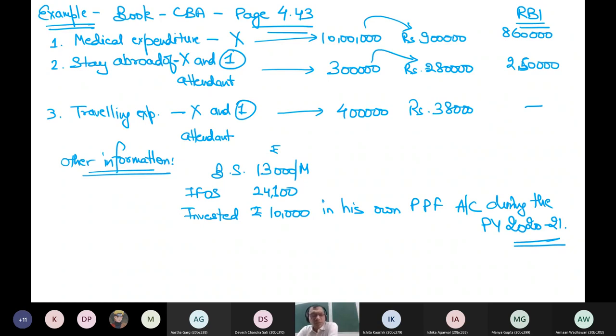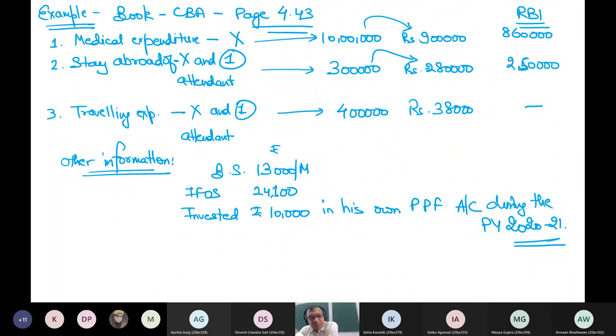X is an employee whose medical expenditure incurred was 10 lakh, out of which his company reimbursed 9 lakh and RBI permitted only 8 lakh 60. Stay abroad expenses in that country of X and one attendant for the purpose of medical treatment incurred 3 lakh. Employer reimbursed 2 lakh 80 and RBI permitted only 2 lakh 50.